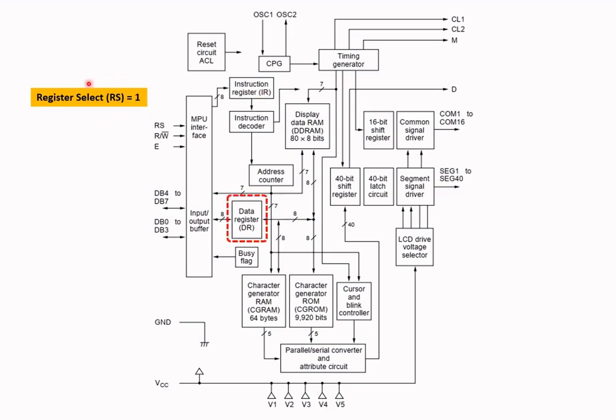And if RS equals 1, then the data register will be selected. And this register deals with the data that you wish to display on the module. And the next thing I want to highlight is the busy flag, BF, and finally the address counter, AC.